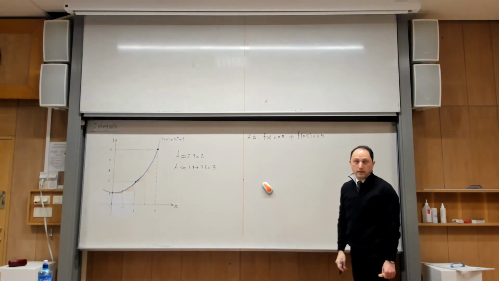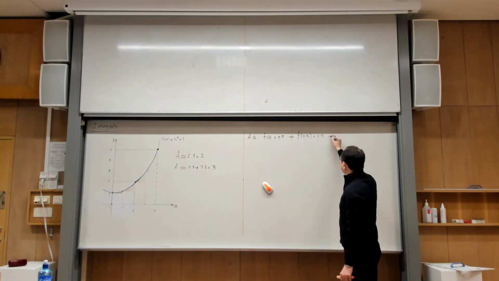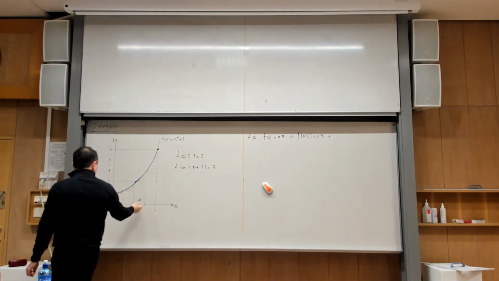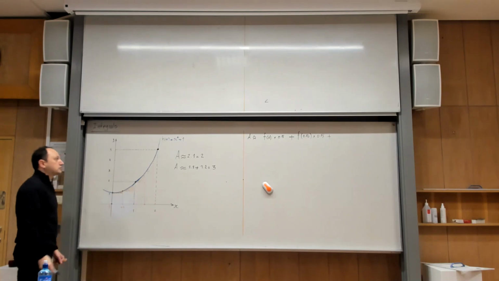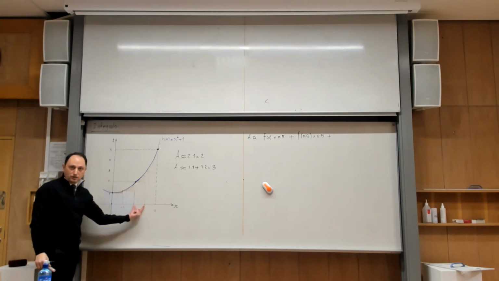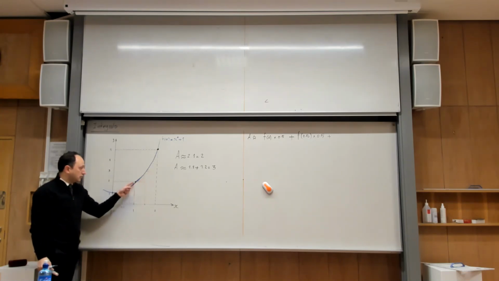Yes, and let us go to the next one. Can you tell me what is the next one? If I want to write it similarly, what is the area of this rectangle? So you need to take the width, which is still 0.5, but multiply it by the height of that rectangle. But can you tell me what is the height of this rectangle? Of course, it is easy to read it here. It's 2.